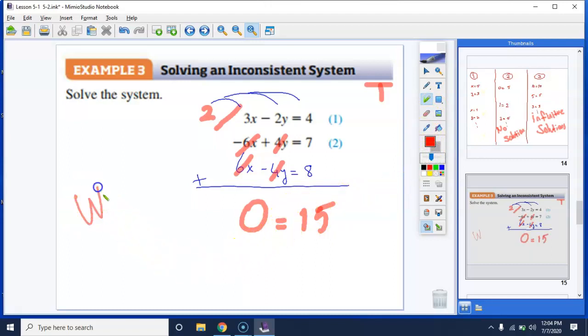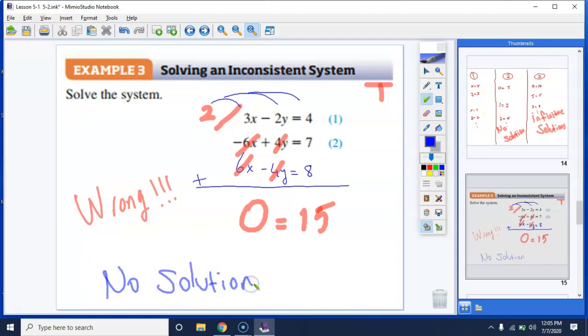So my conclusion should be no solution. This system of equations has no solution. If we end up with numbers as answers, we are fine. But sometimes if we end up with something wrong, something that doesn't make sense, we're going to say that it has no solution. All right.